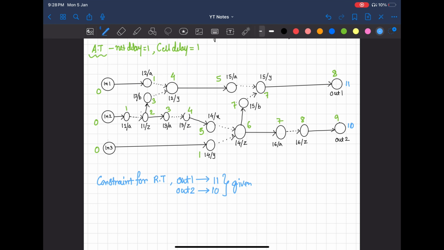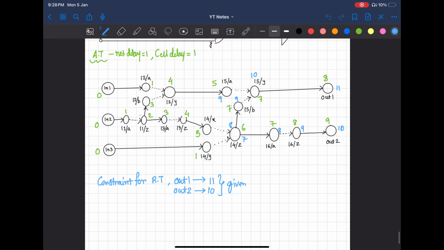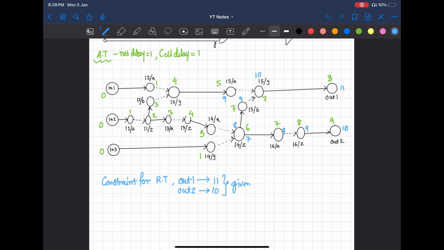If you calculate backward, 11 becomes 10, 9, 8, 7, and 10 becomes 9, and so on, taking the minimum one, 6, 5, 4, 3.